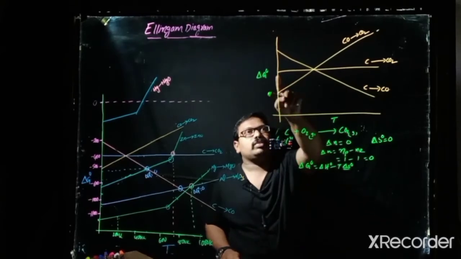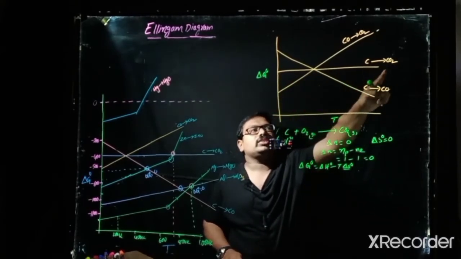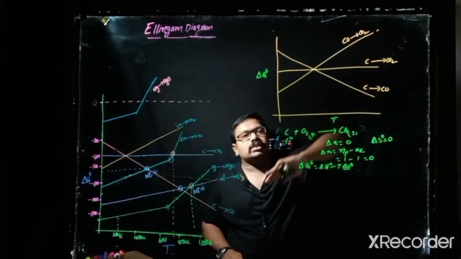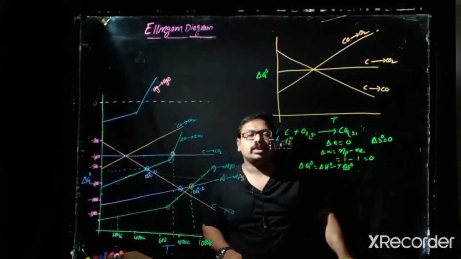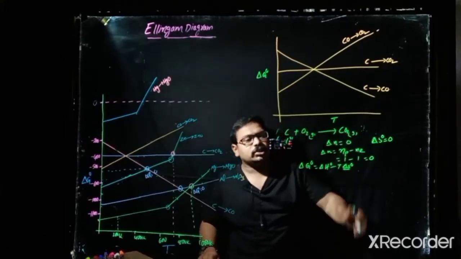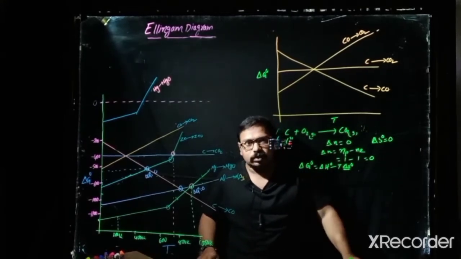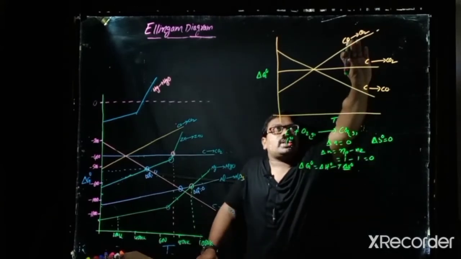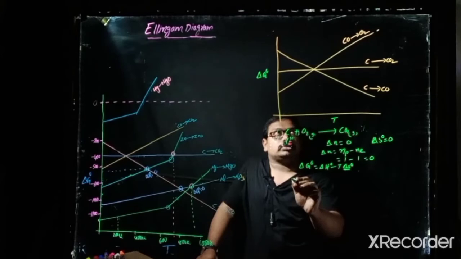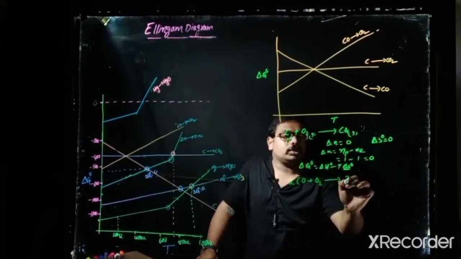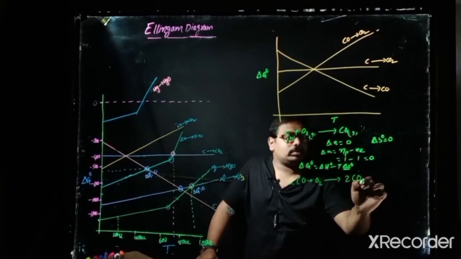That is the reason this line is horizontal: it is not increasing and not decreasing. There is no change in the standard Gibbs free energy here, because there is no change in entropy. Now coming to this curve: 2CO plus O2 gas gives rise to 2CO2 gas.